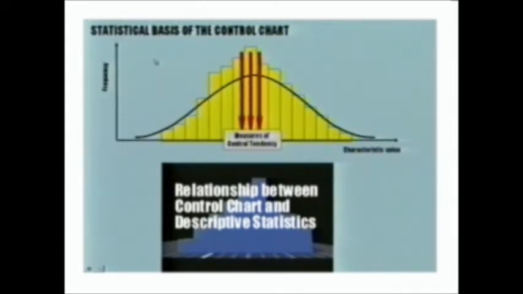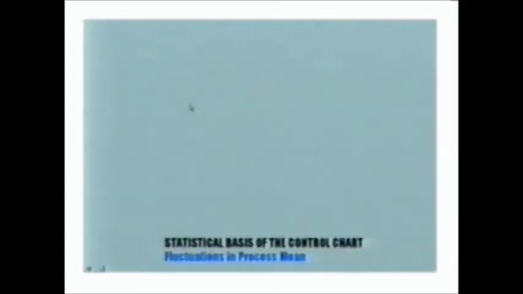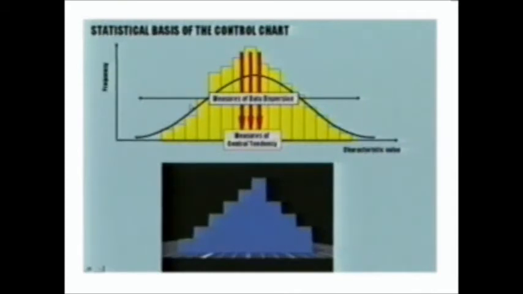These are measures indicating the deviation of these points here or these bars here from the center. So it is very important to understand this fact. And these are statistical facts, that any process should be described by measures of central tendency and measures of variability. Well, the control chart does exactly that.